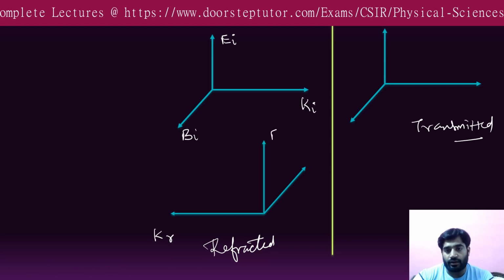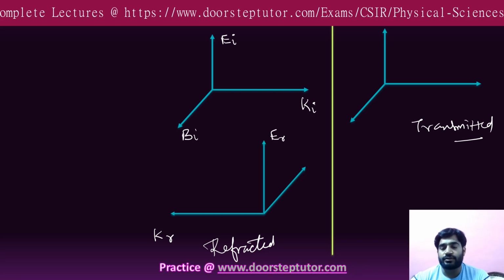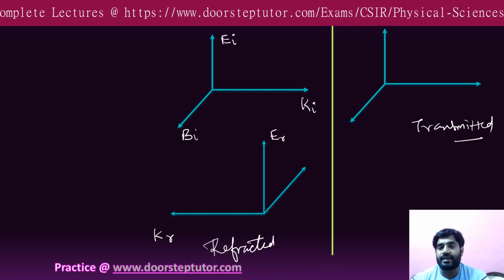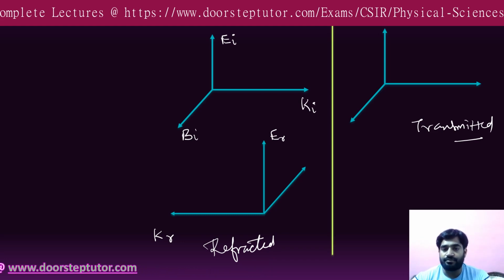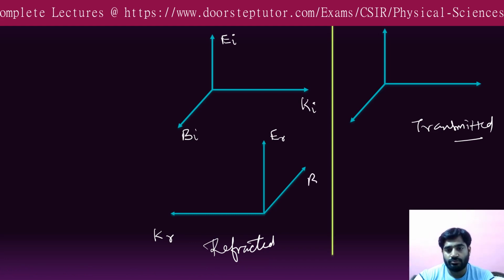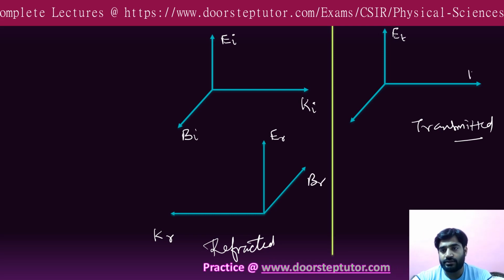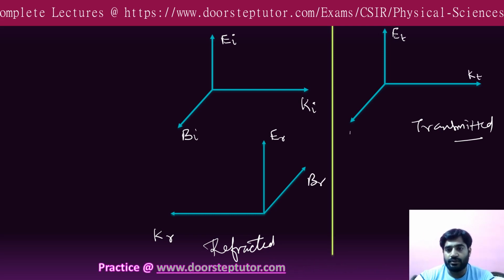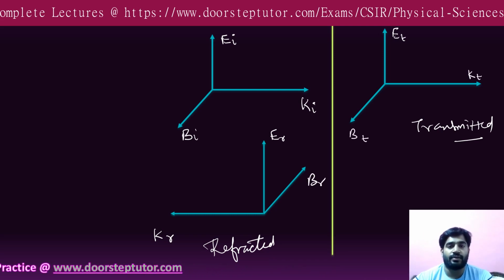This is Er. Does Er's direction change? No, because it moves in the same direction, having the same medium. Now Bi changes to Br. For this medium, it's Et transmitted, Kt transmitted, Bt transmitted.